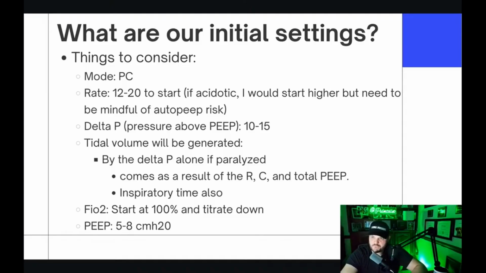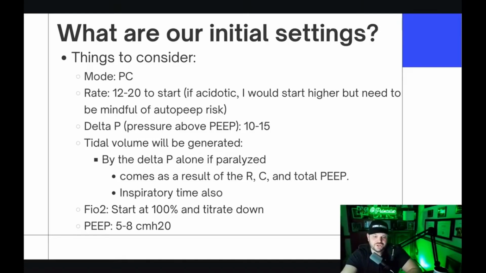Total PEEP is important because if you have auto PEEP in pressure control, that manifests as lower volume. If you had some volume and you had 5 of PEEP and then 15 of inspiratory pressure, but now you have 5 of PEEP that you set and there's 5 of auto PEEP, then instead of going from 5 to 20, a delta of 15, now you're going from 10 to 20, a delta of 10.